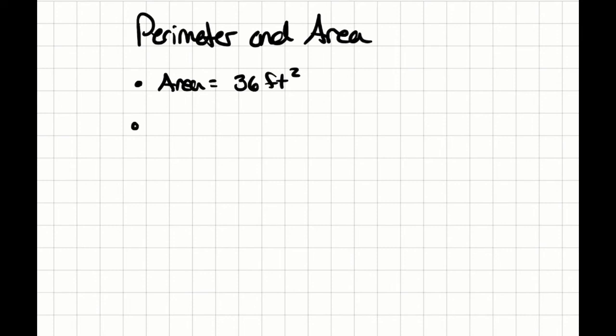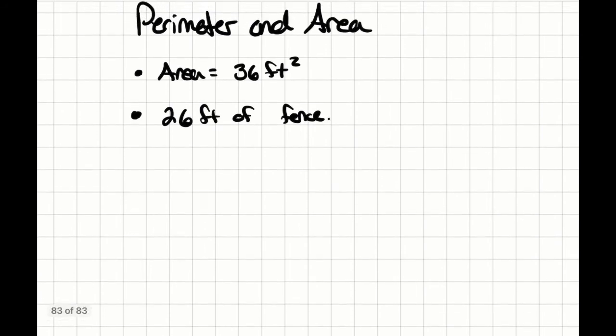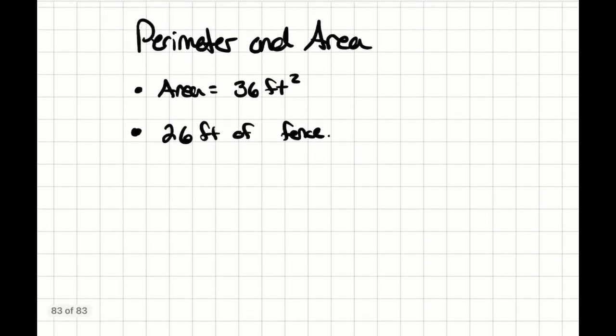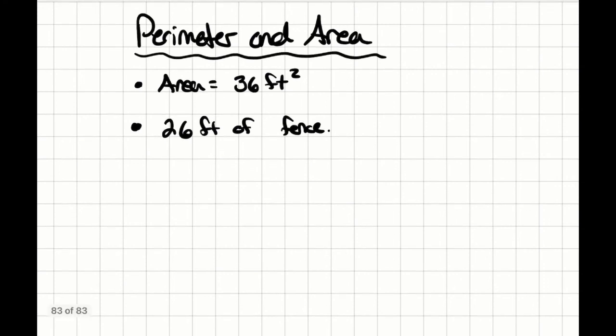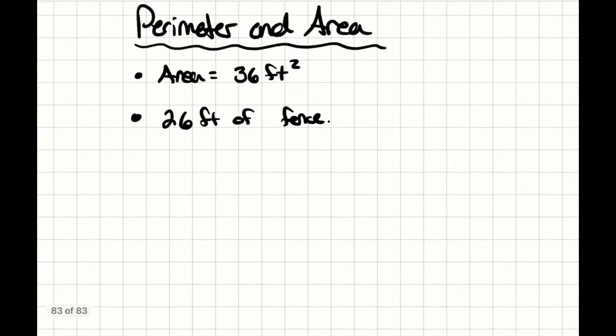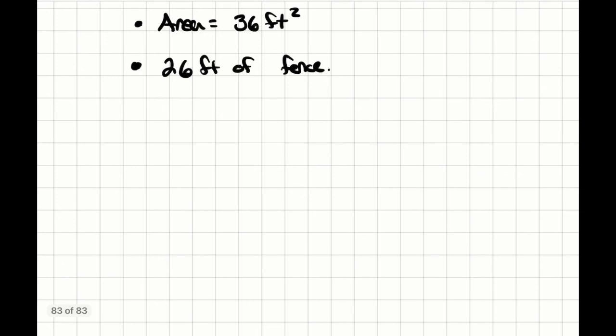And we also have 26 feet of fence. This is very similar to problem number 16 in your book, and this will also play into problems like 18, 19, 20, and 21 in your homework as well. So let's go ahead and take a look at these kinds of problems.